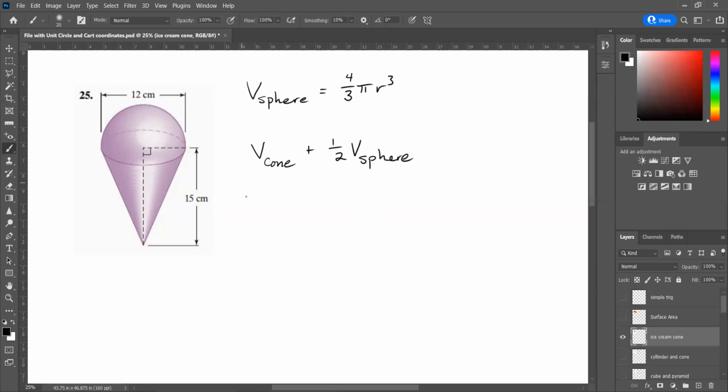So the volume of the cone would be 1/3 pi r squared h plus a half of 4/3 pi r cubed. H is the 15 centimeters for the cone. The diameter was 12 inches. We need the radius, which would then be 6. So let's just plug all of those in.